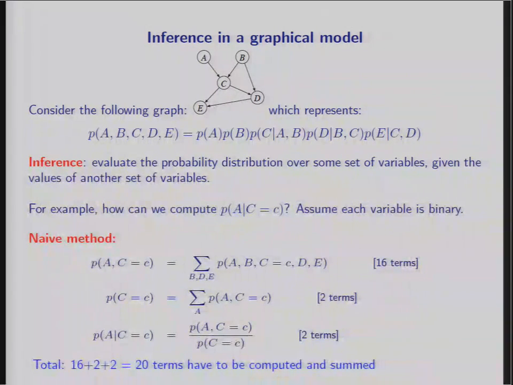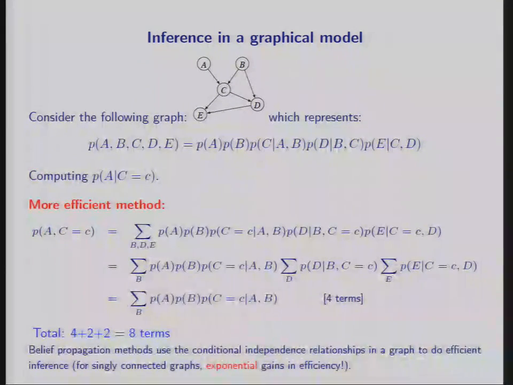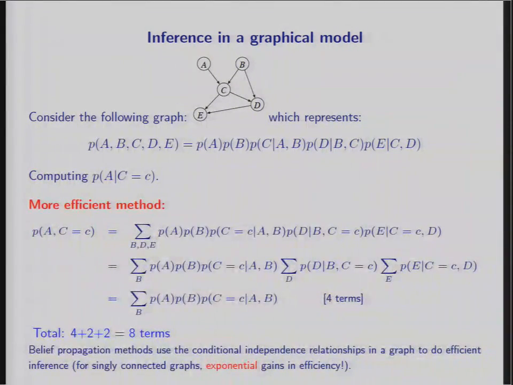So let's rearrange the computations while keeping them exact. I take this same graph, and for this particular factorization, I plug it in here. This sum is still expensive to compute. But I plug it in here, and then I notice something about this.